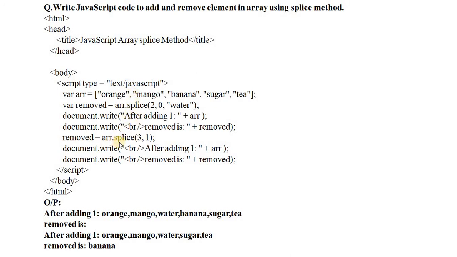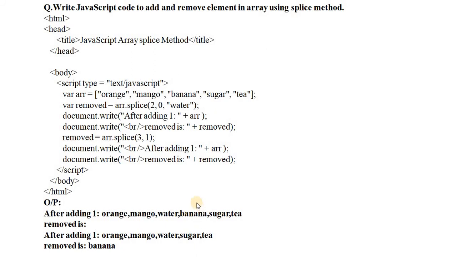After that, again we apply the splice method (3, 1), which means it removes one element at the index 3, and no elements are added because nothing is given to insert. After adding, orange, mango, water, at the third position banana is removed, that is 0, 1, 2 and the third position.